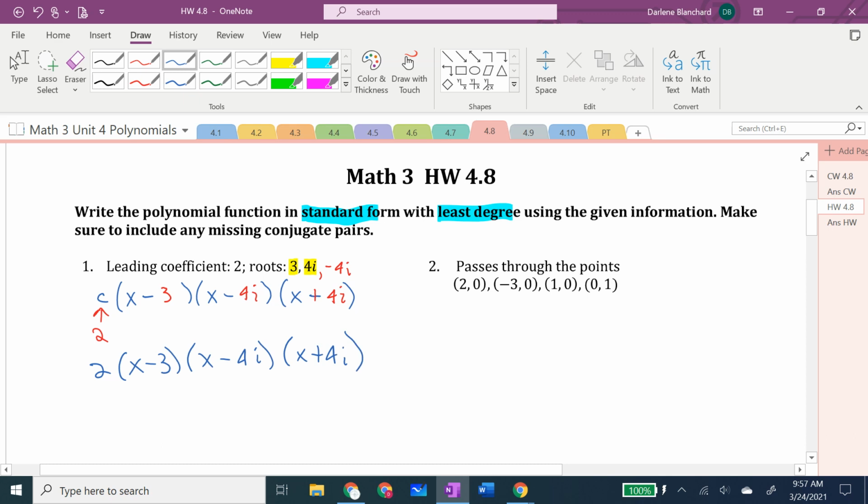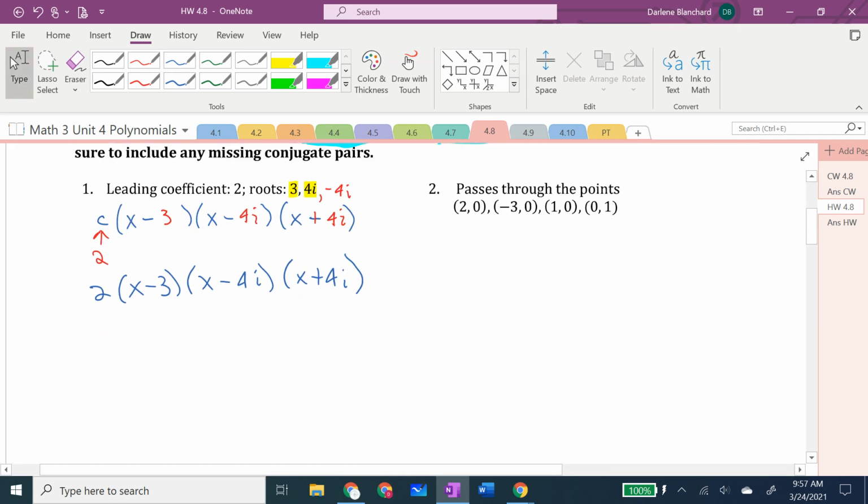Now, let me tell you that if you know what you're going to get when you multiply conjugates, you can save time. I'm going to do the full multiplication and then talk to you about how you can save time in the future if you so desire. So I've got x minus 4i multiplied by x plus 4i.